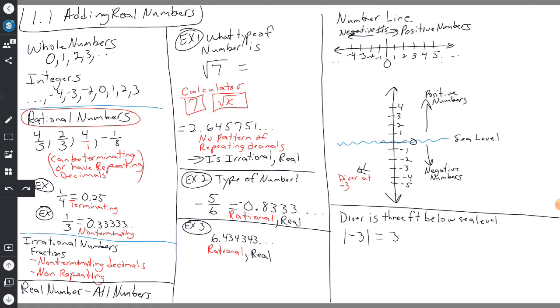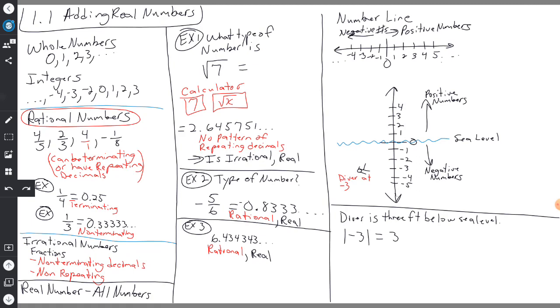So the best way to determine if you have a rational number or irrational number is to divide the number out or calculate the number, and see what type of decimal you have.